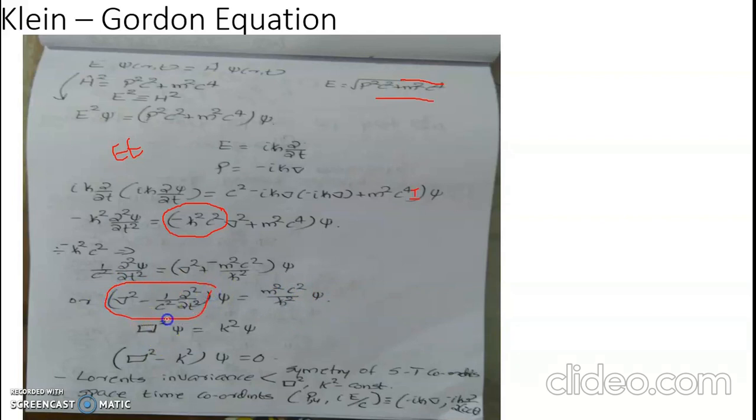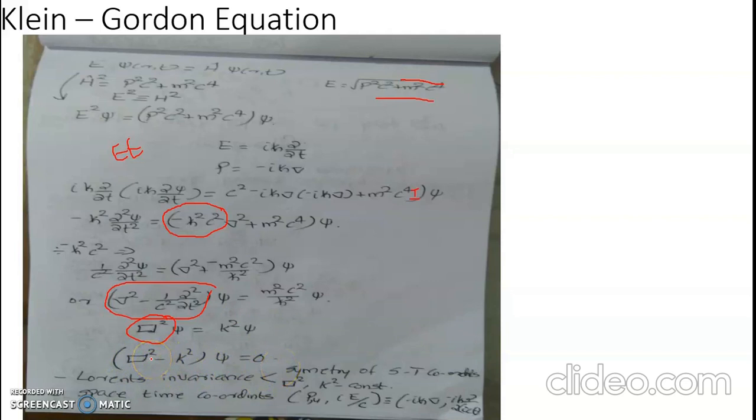I will be using this symbol for D'Alembert, a square with a square symbol, and this is a square operator that is always Lorentz invariant, or invariant under Lorentz transformation, or will be satisfying the Lorentz covariance condition. M square C square by h cross square is a square constant, so we make it say K square. So D'Alembertian minus K square psi equal to 0.